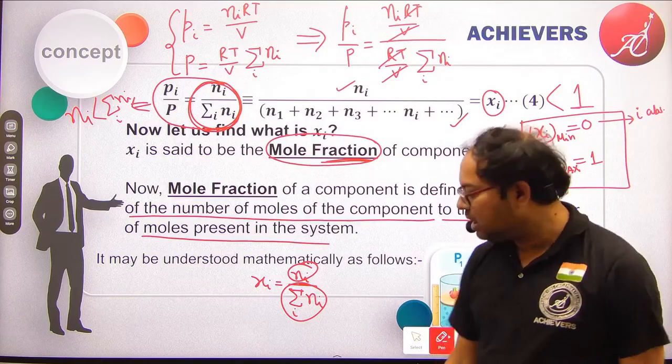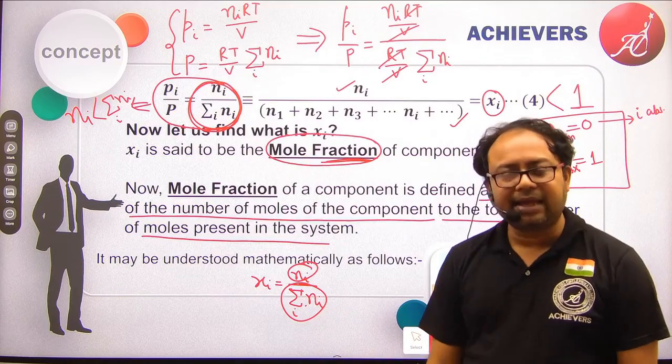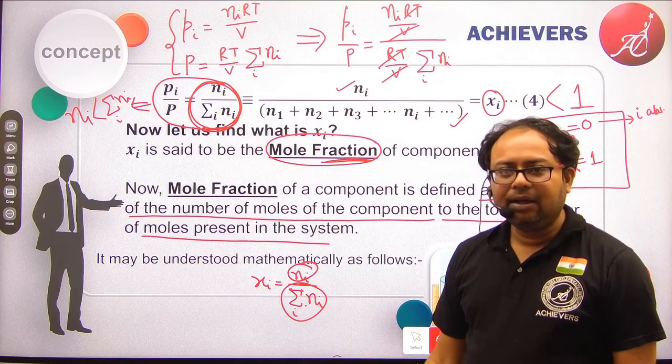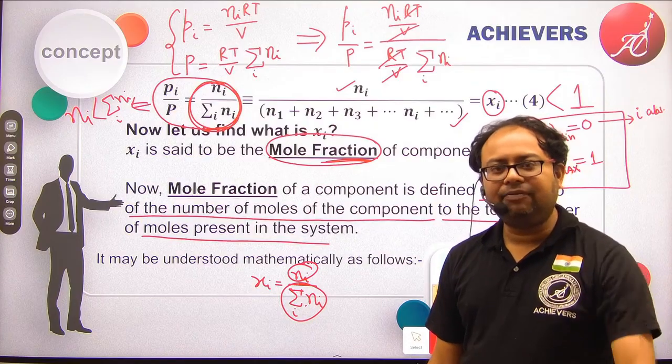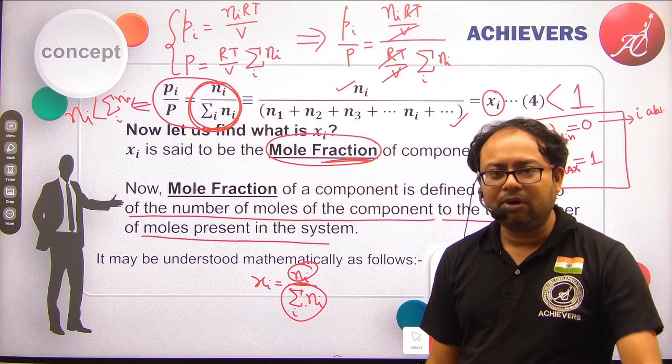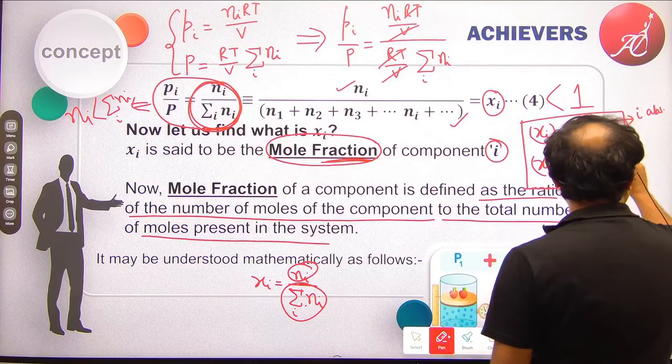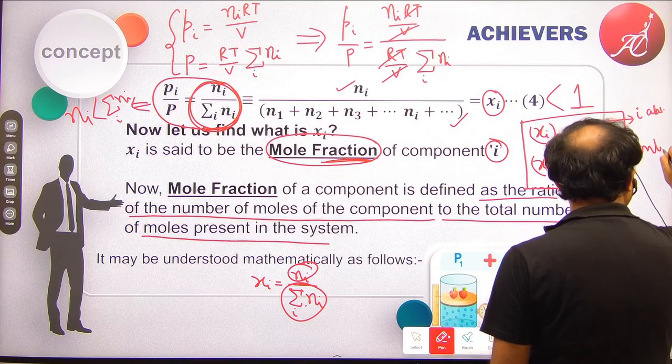If the numerator and denominator are the same, the fraction reduces to unity. So this means only I.